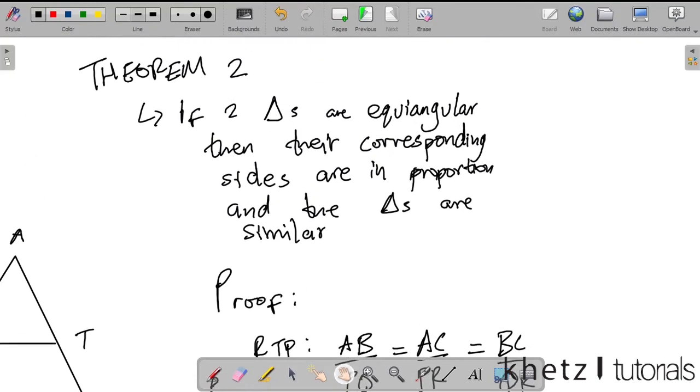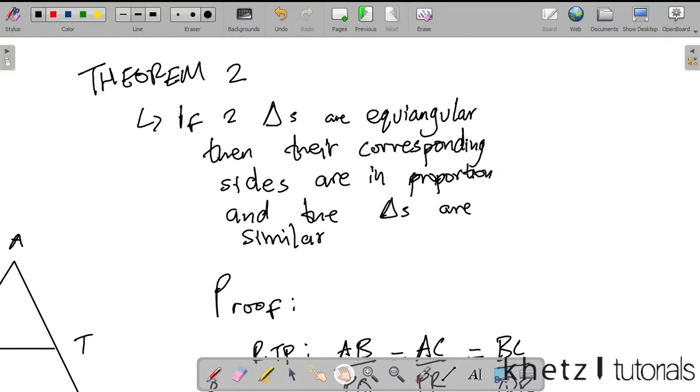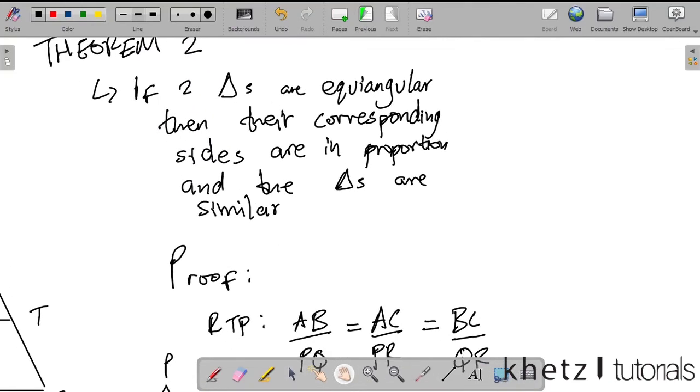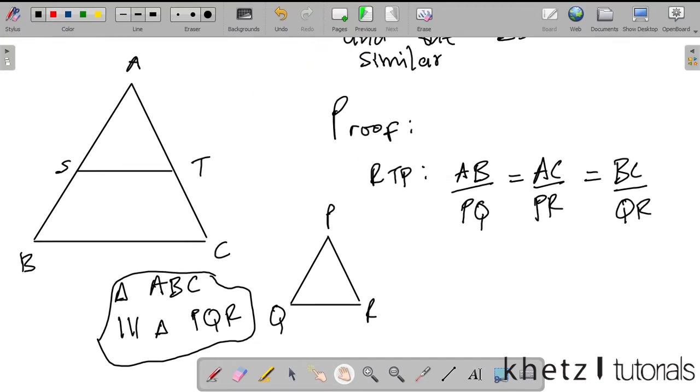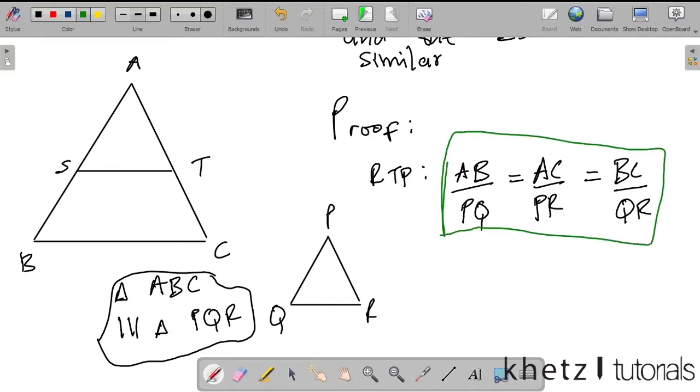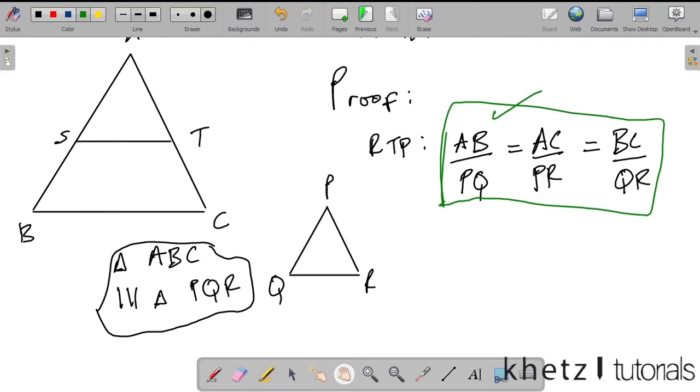And to prove that, we're going to come back to this that says if two triangles are equiangular, then their corresponding sides are in proportion and the triangles are similar. So we want to prove that the sides of these two triangles are actually proportional. And to do that, we're going to prove this here, which is our required to prove statement. So let's do that.